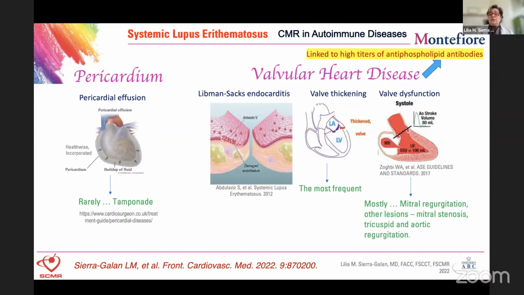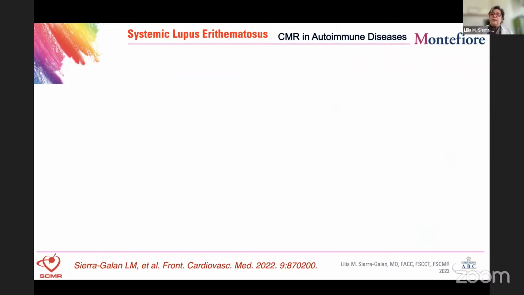And those valvular heart diseases used to be linked to higher titers of antiphospholipid antibodies. So this is overlapping with the antiphospholipid syndrome.